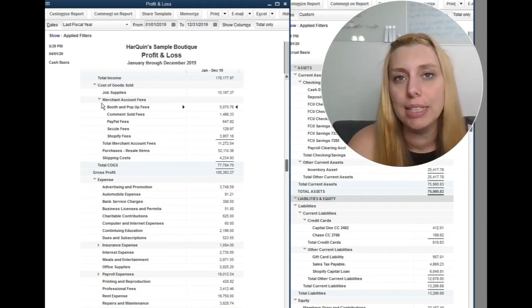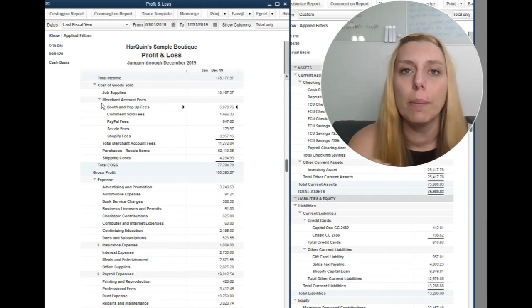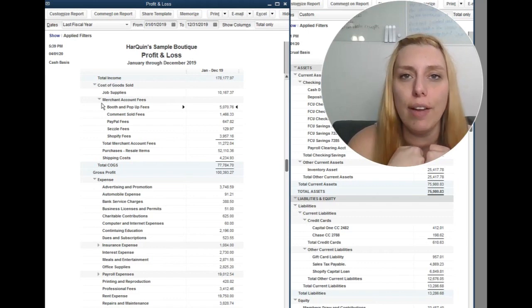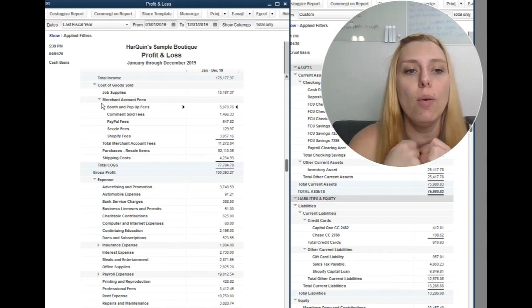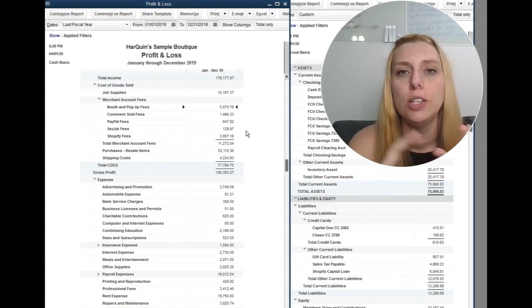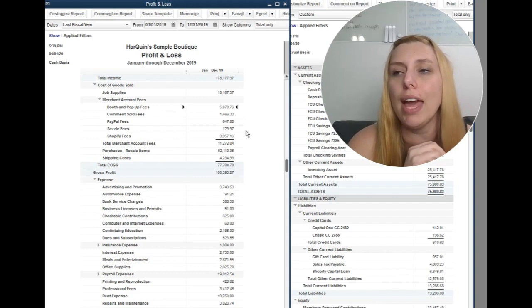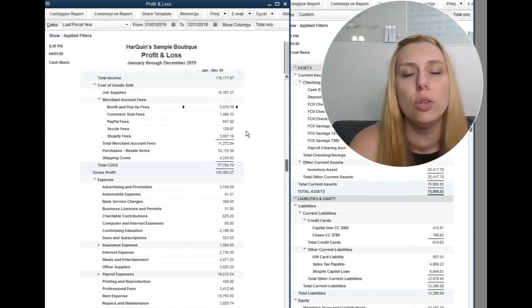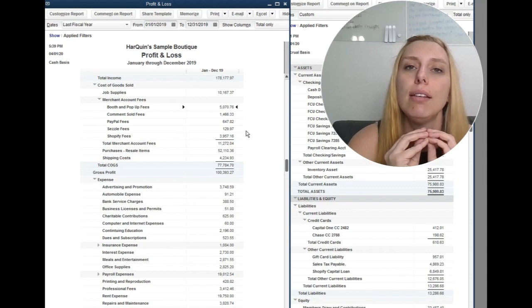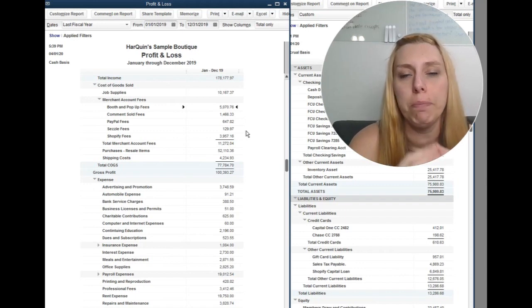It's still an expense account. It's not an asset because even though these are permanent items, if they cost under $500, you're not going to depreciate them. You're going to want to expense them. So job materials are tags, tissue paper, tape, labels, anything that goes into you directly selling that item.